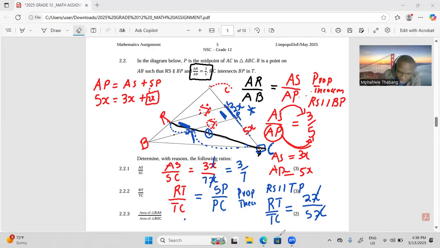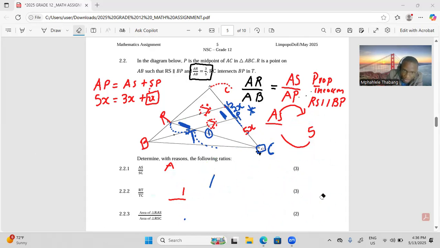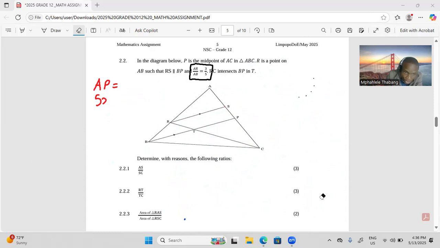It was simple. You just have to apply the prop theorem there. Let me erase everything.